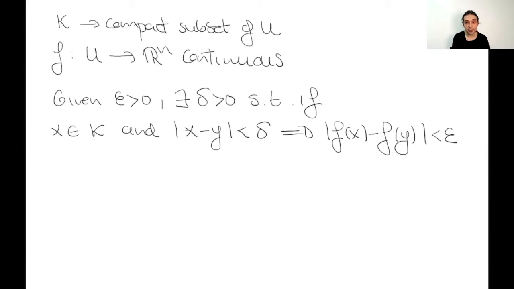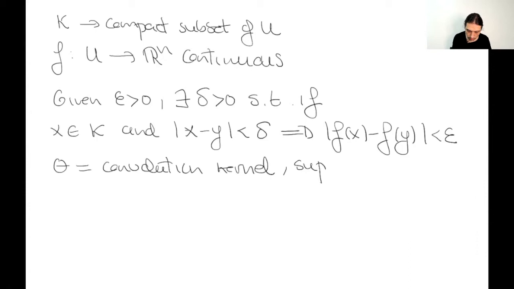What happens now if we consider a convolution kernel whose support radius is smaller than delta? Okay, let's see that.